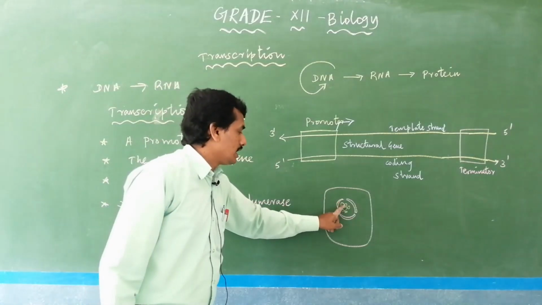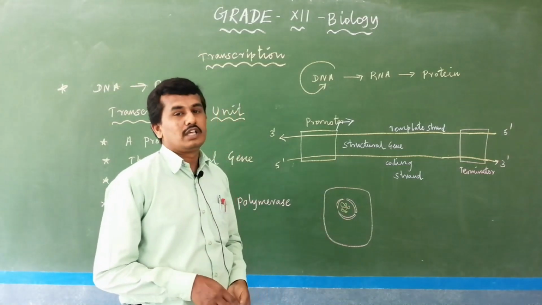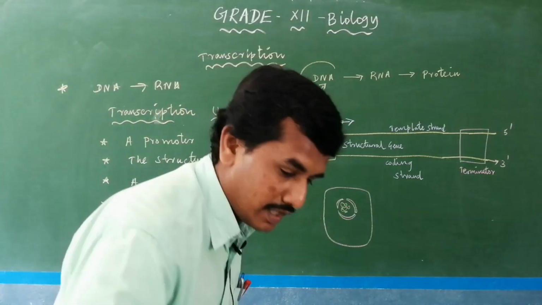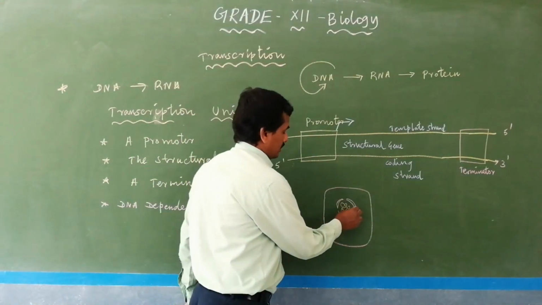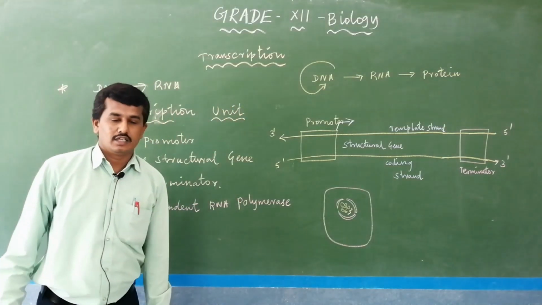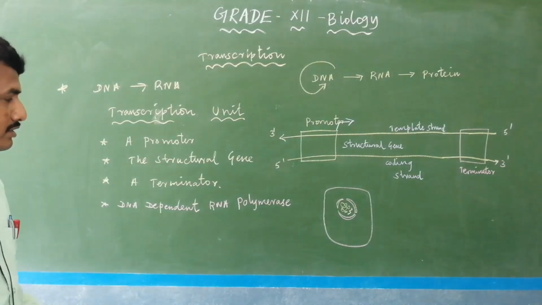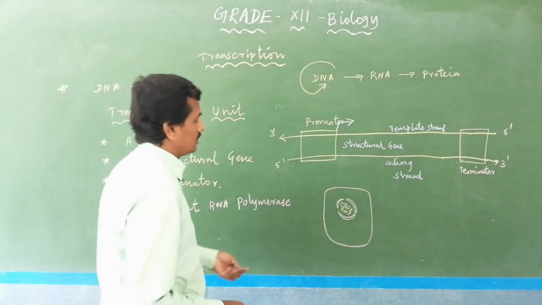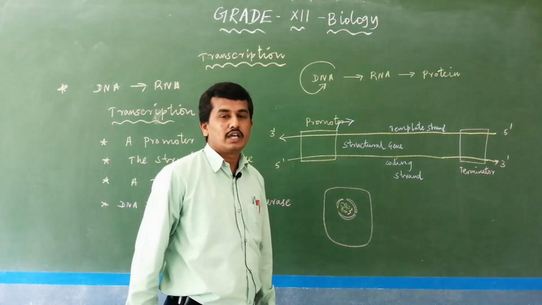So DNA after the transcription procedure forms RNA. That process takes place inside the nucleus of the eukaryotic cell.